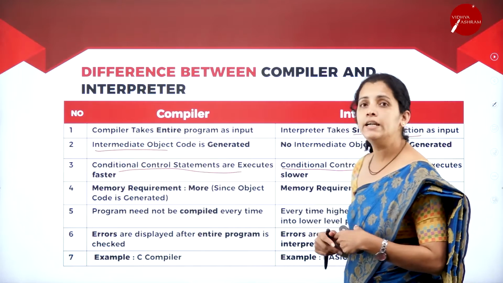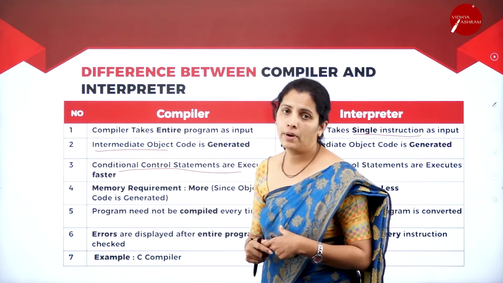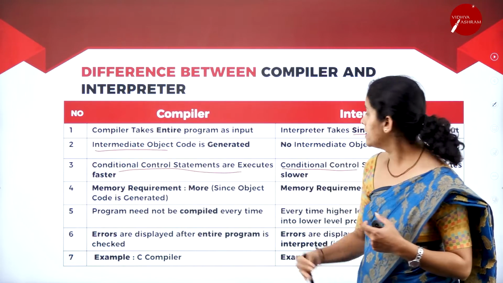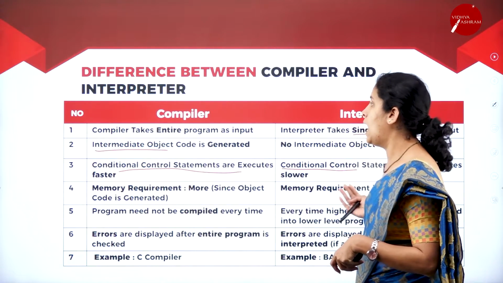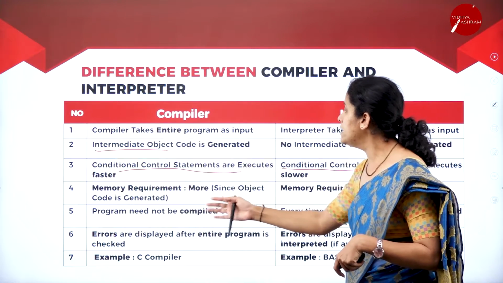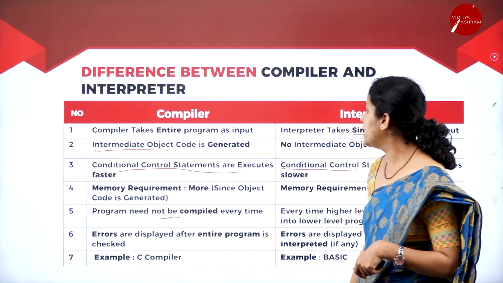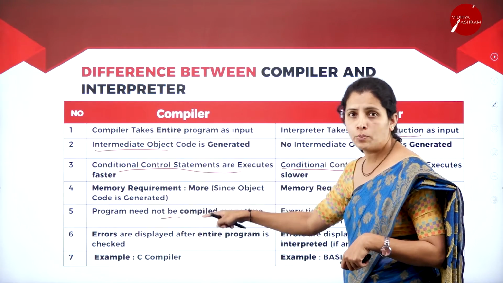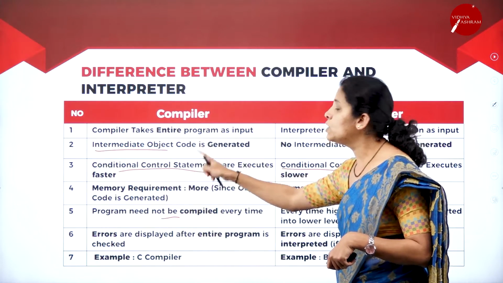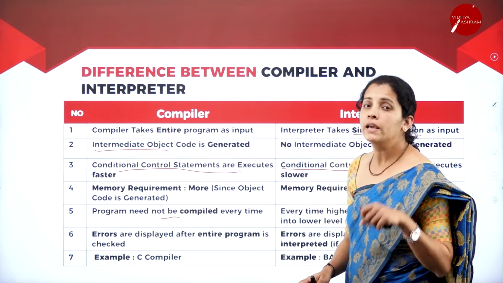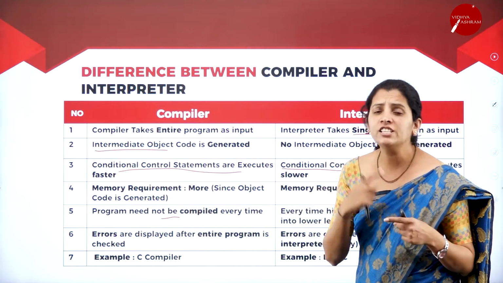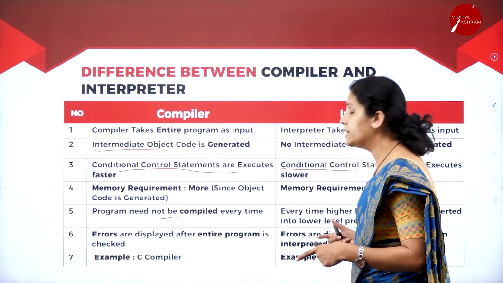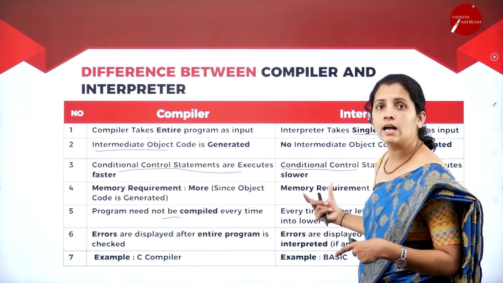And if I consider the interpreter, it occupies very little memory space, because it does not generate any object code, and the program need not be compiled every time. That means each time I want to run the program, there is no need to compile it. With the interpreter, each time I need to interpret, because after interpreting it is not stored in the computer memory.